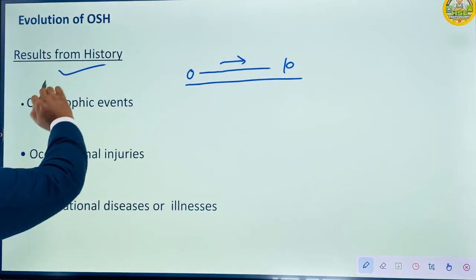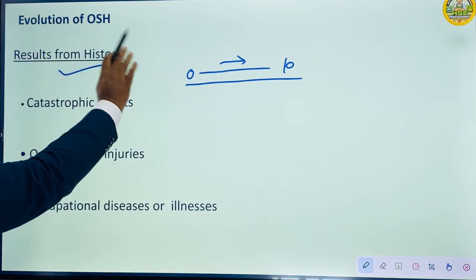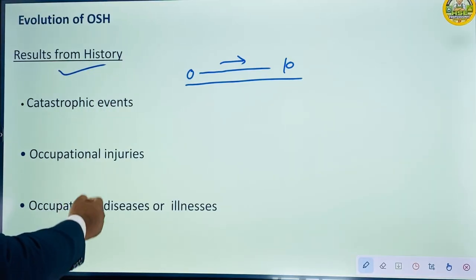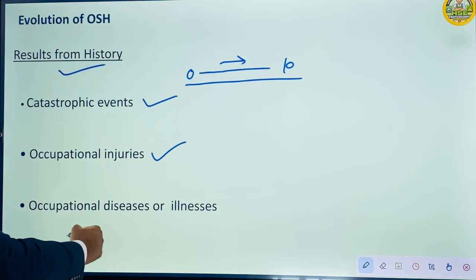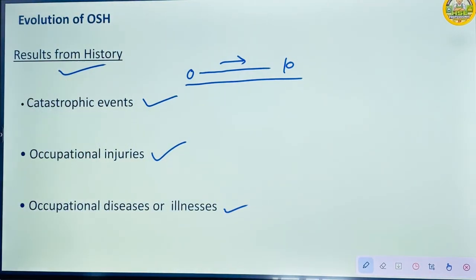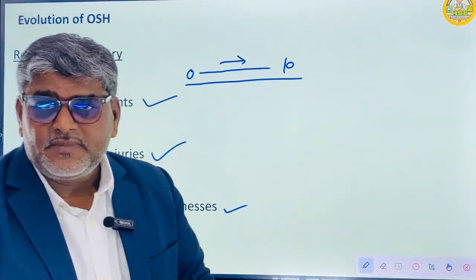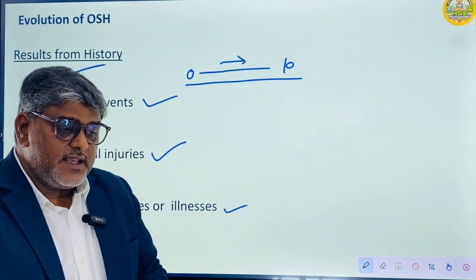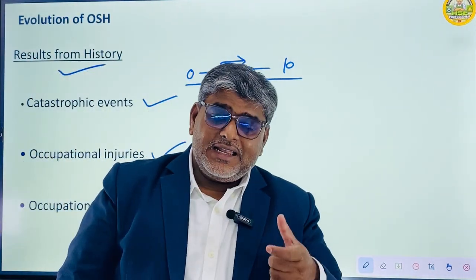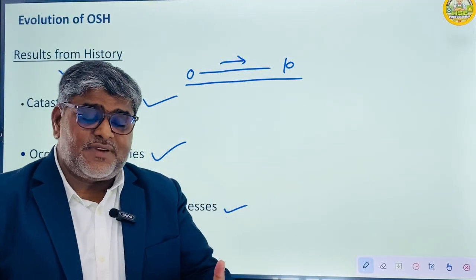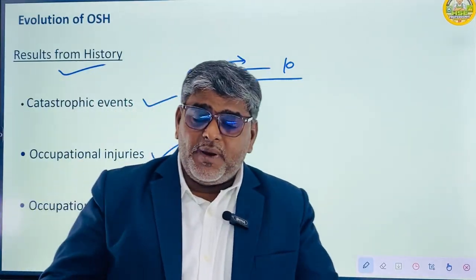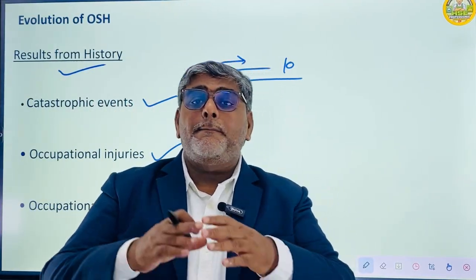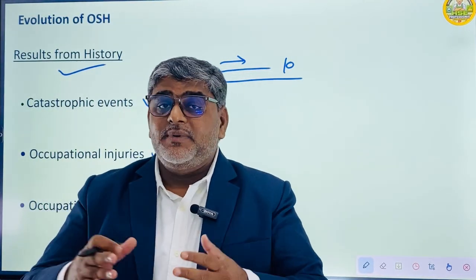During the evolution process, the history shows that catastrophic events happened, occupational injury happened, and occupational disease and illness happened. What is a catastrophic event? It is an event which leads to a massive accident that destroys people, places and equipment, or any of them, in massive numbers.